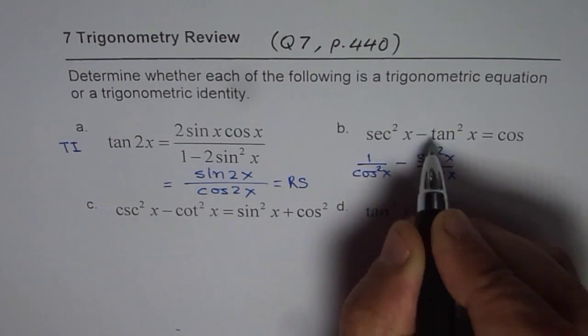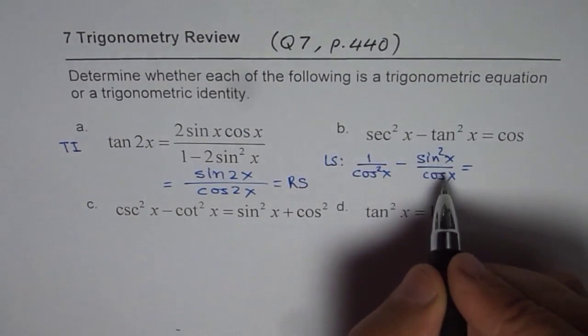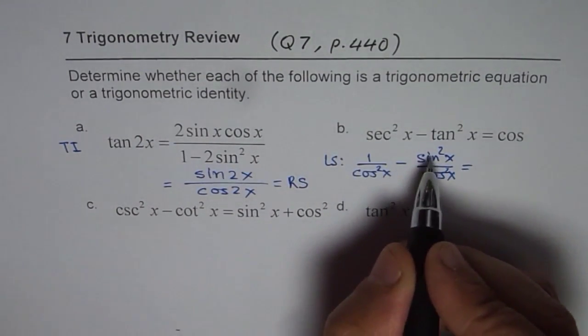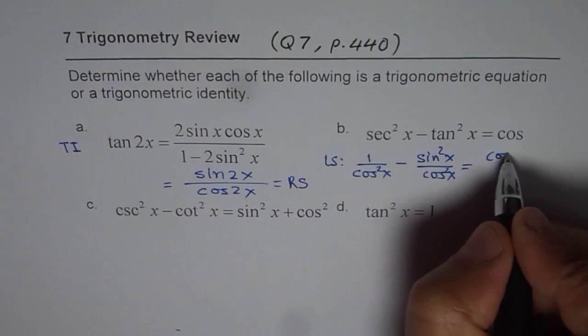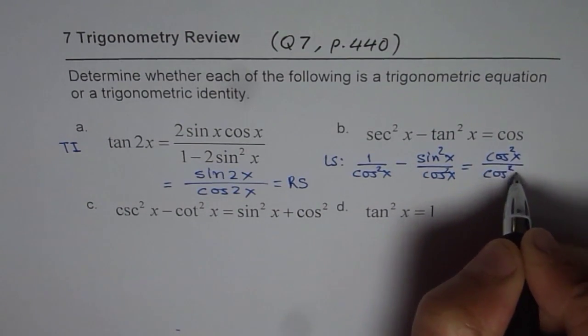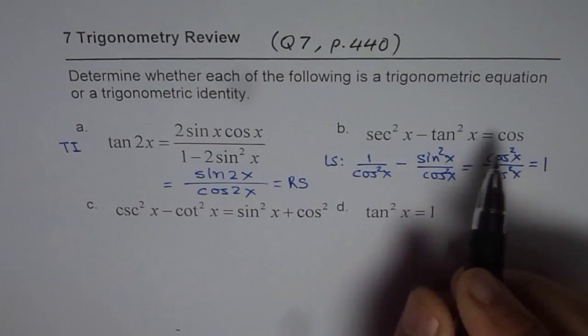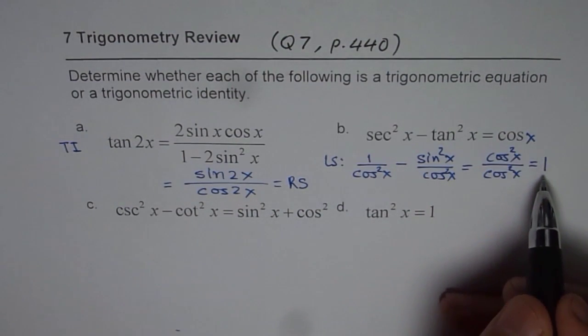So we have started with the left side. And what we have here is 1 minus cos squared x in the numerator, which is sin squared x, correct? And in the denominator we have cos squared x, and this simplifies to 1 minus... and we know this is not cos x. Cos x could be any value.